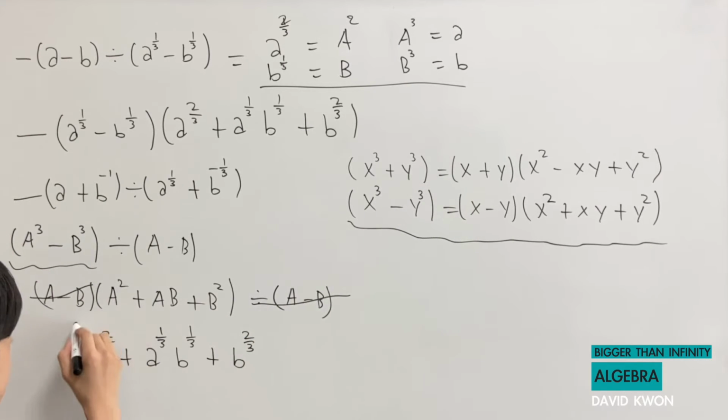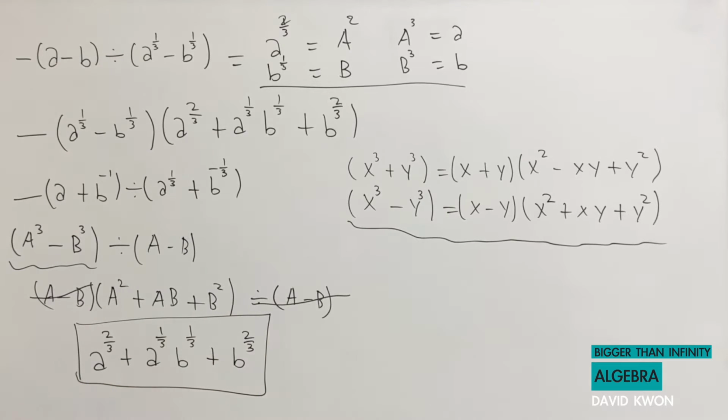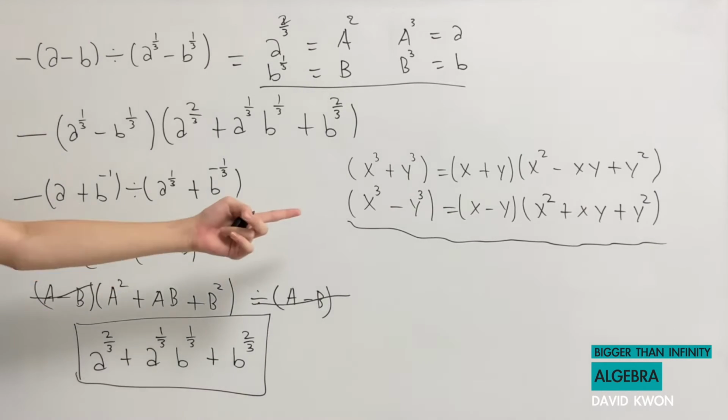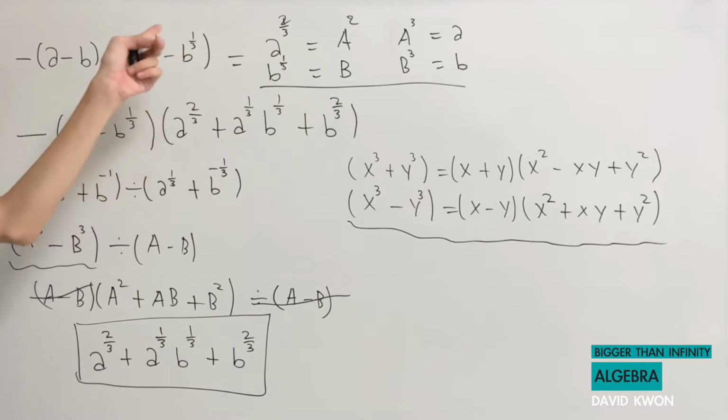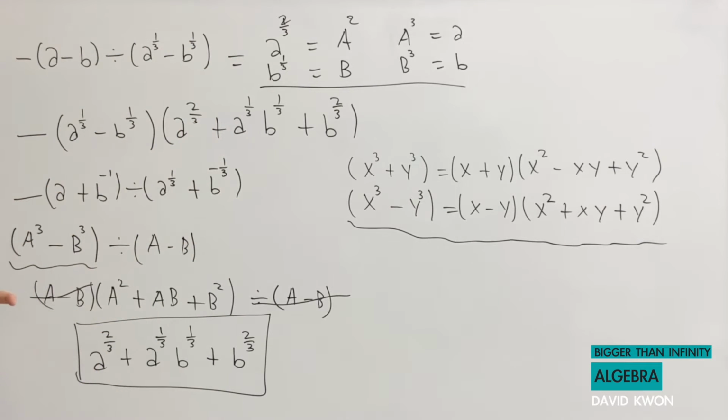That's very nice and neat. We got the answer for number 1. So this is how you do it. We memorize this, substitute it because that's ugly, and substitute it back to get our answer.